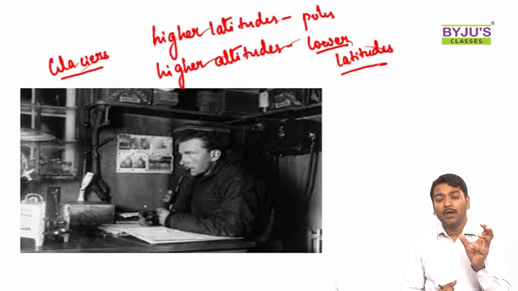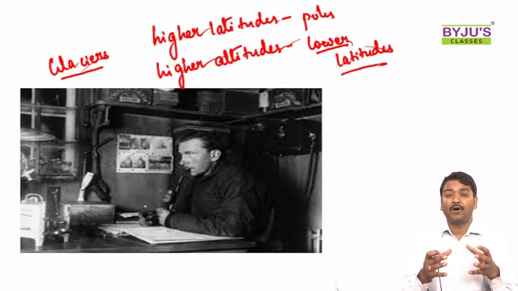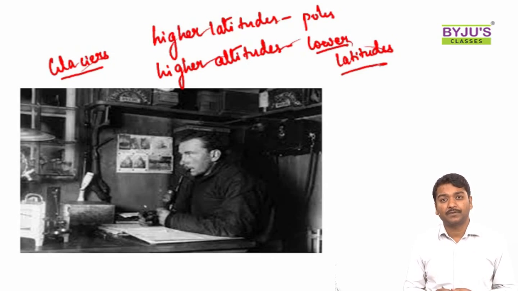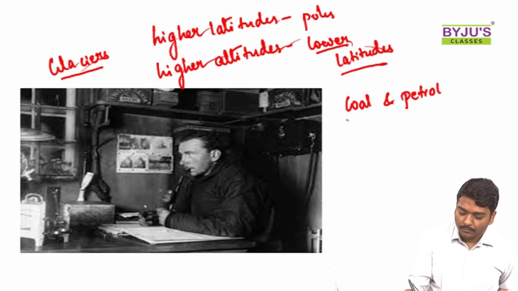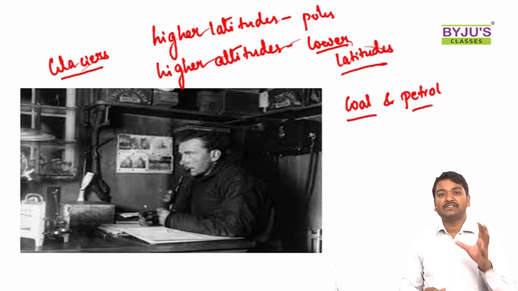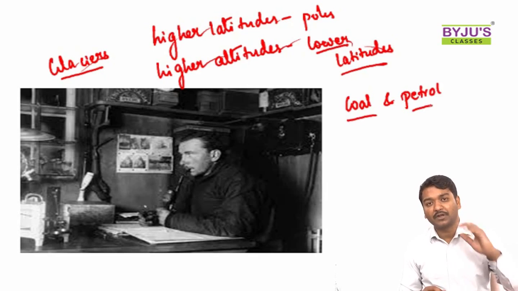Why coal? If coal is present in tropical regions, you see that coal is formed because of vegetation. Let me explain in detail. If you take coal and petrol, just take a scenario where there were floods in a particular area.